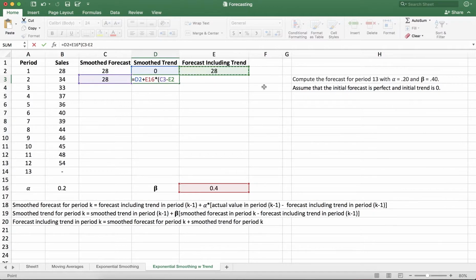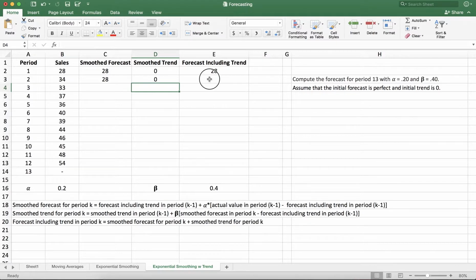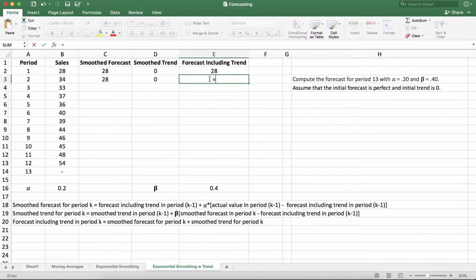The forecast including trend in the last period is coming from E2, and the result of this calculation will give you the smoothed trend. And just like in period 1, the forecast including trend will be equal to the sum of the smoothed forecast and the smoothed trend. All right, so that value is equal to 28.